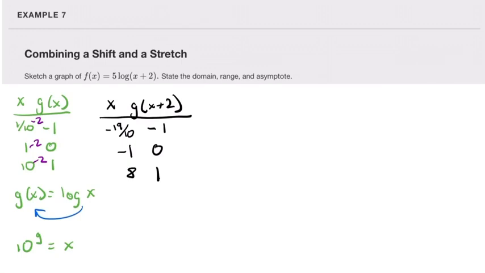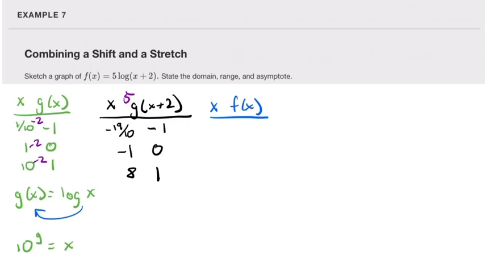And then lastly, if we want x versus f of x, we'll do this in blue. To go from the black to the blue, we have to multiply the outside by 5. That's going to affect our y value.